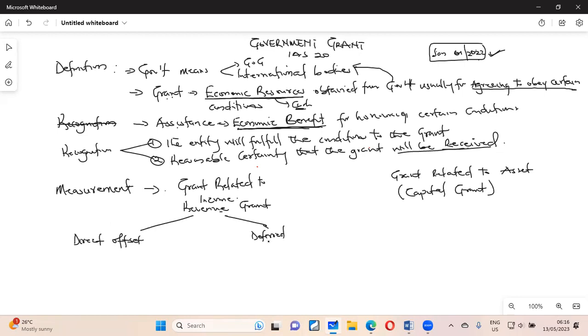Well, I'll explain it. You have to give it the proper name you want to give it. Okay, treating the grant as income. So the same two things here too. Direct and deferred.